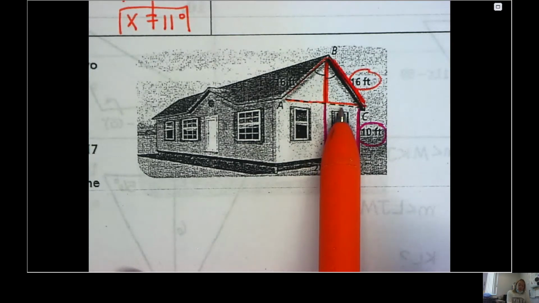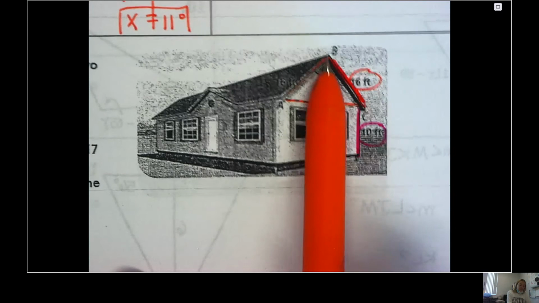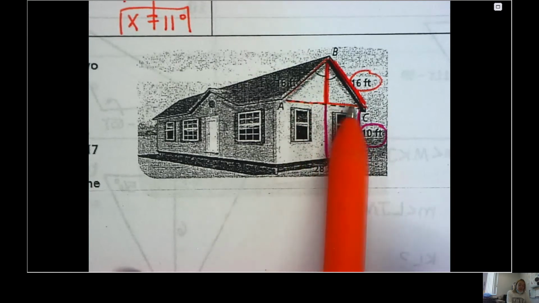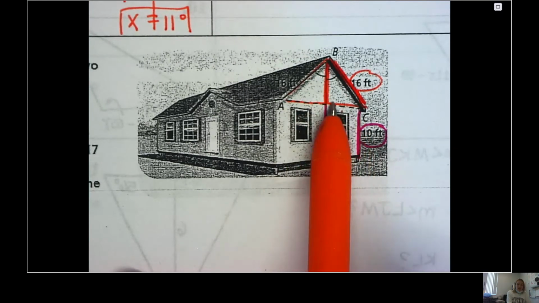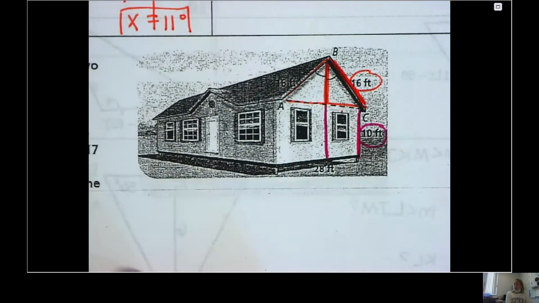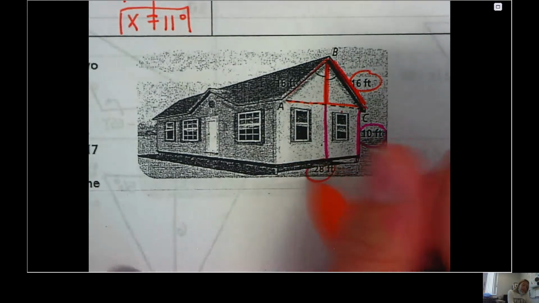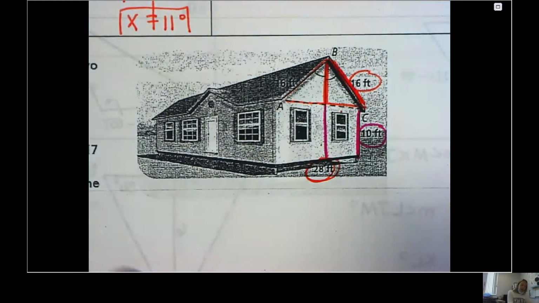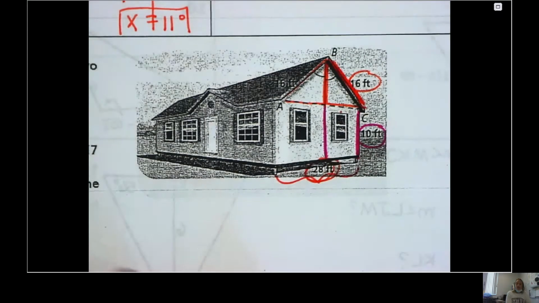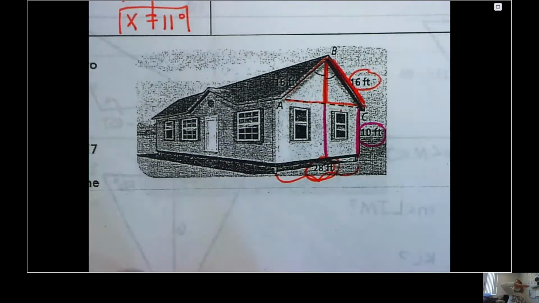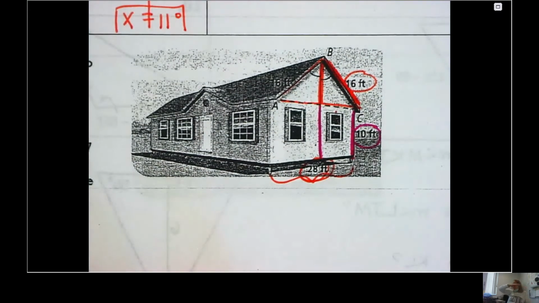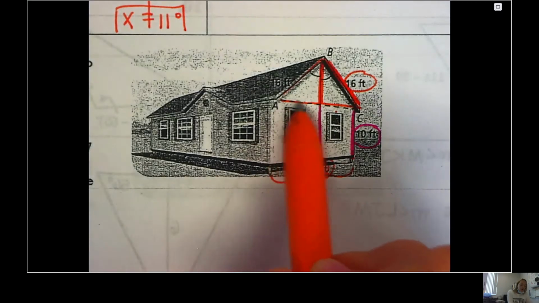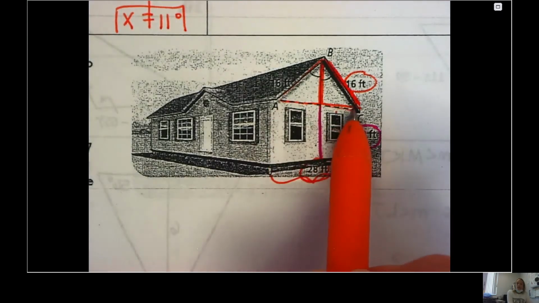Now, you are not given this height right here. You're not given this piece over here at the bottom either. You are given, though, this 28 feet at the bottom. That's this whole thing. So 28 feet is the entire length across, so this whole segment is 28.